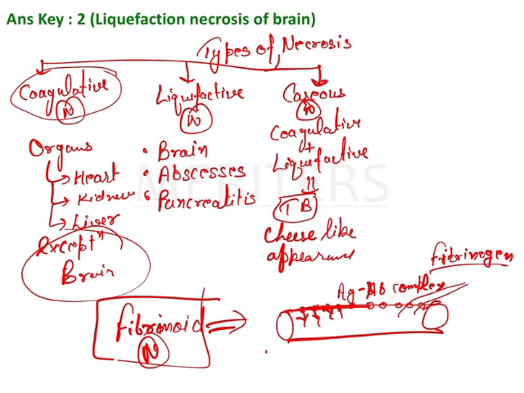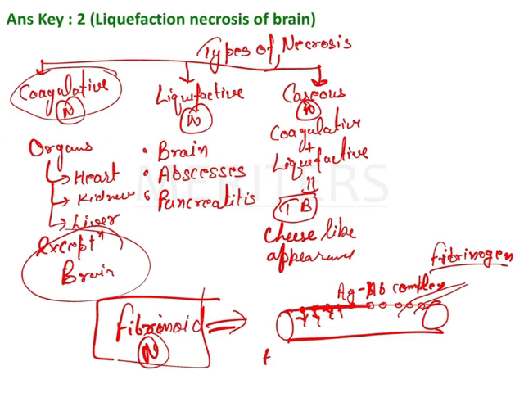And that's why it is known as fibrinoid necrosis. Now remember, here you won't find deposition of the fibrinogen, only the leakage of fibrinogen will be there, but deposition of antigen and antibody complex will be there, and that is a very important and confusing thing.